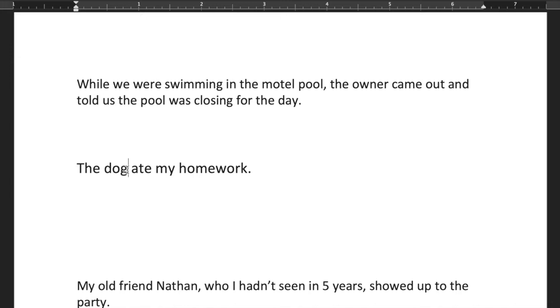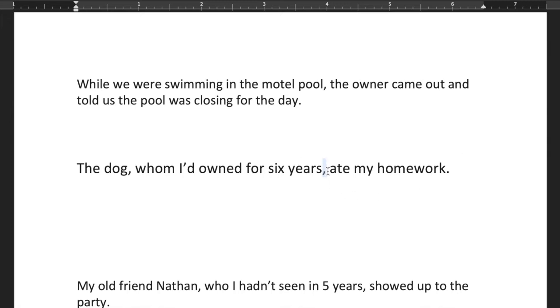Putting in extra information with two commas goes like this. Let's slide in some extra info about this dog. The dog, comma, whom I'd owned for six years, ate my homework.